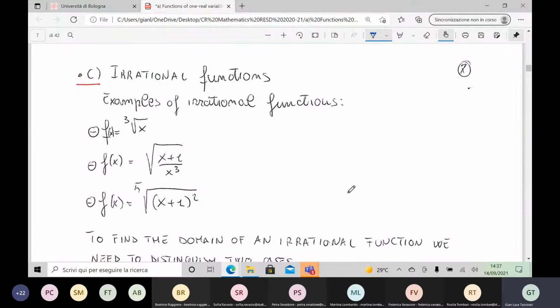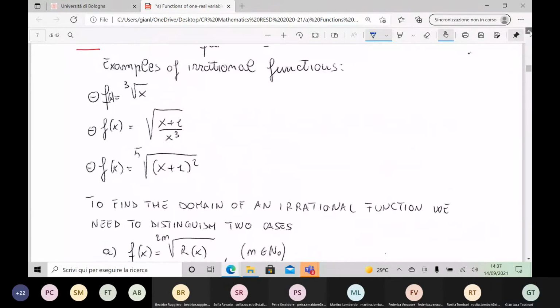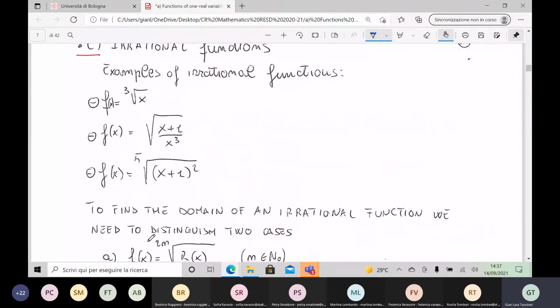To find the domain of an irrational function, guys, you need to distinguish two cases. I call R(x), capital R(x), the function inside the root. Well, if the root has even order, like this one, it makes sense among real functions if and only if the function inside is greater or equal than 0.